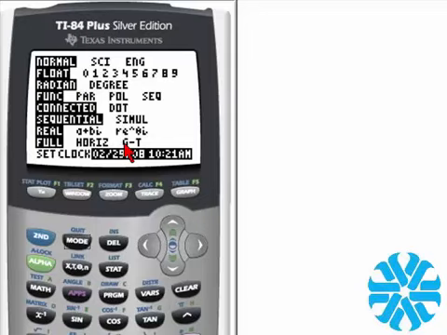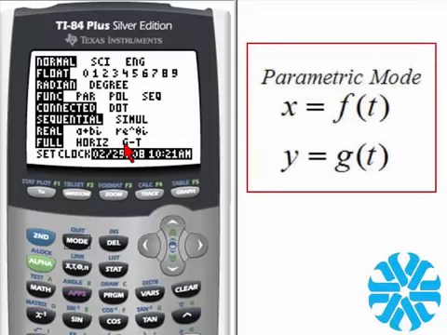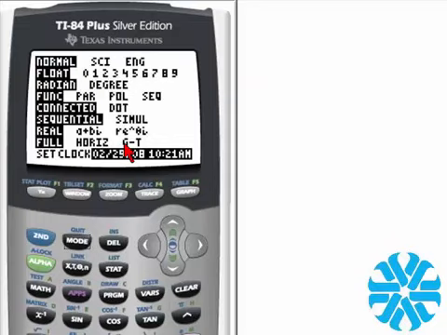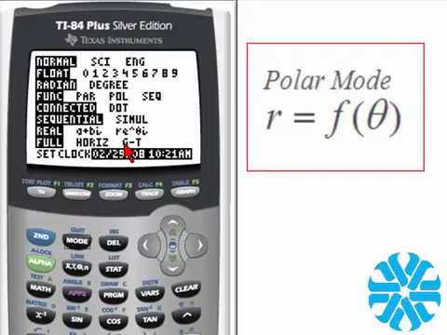Parametric mode will be used when you want to graph x and y, each as a function of t. Polar mode is used in trigonometry and will only be used when you want to graph r as a function of the angle theta.